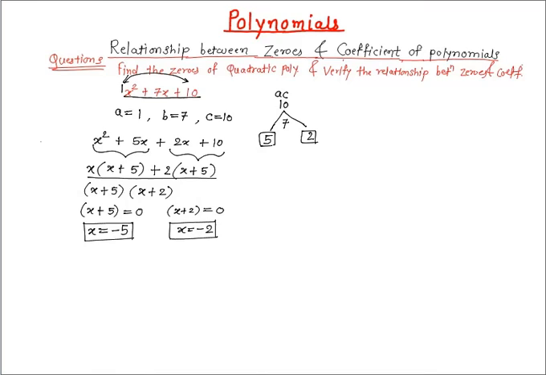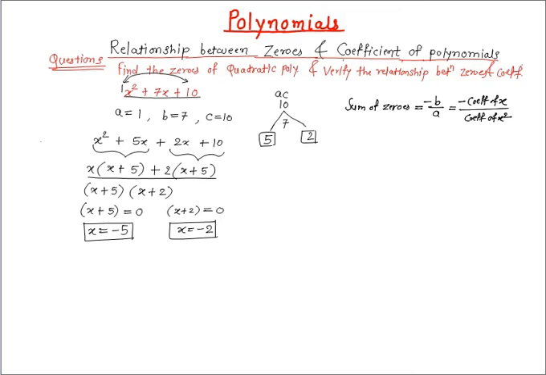Now the question is, we have to verify the relationship between zeros and coefficients. How to do it? We already learned that sum of zeros is equal to minus b by a. That is, b is the coefficient of x divided by the coefficient of x squared.